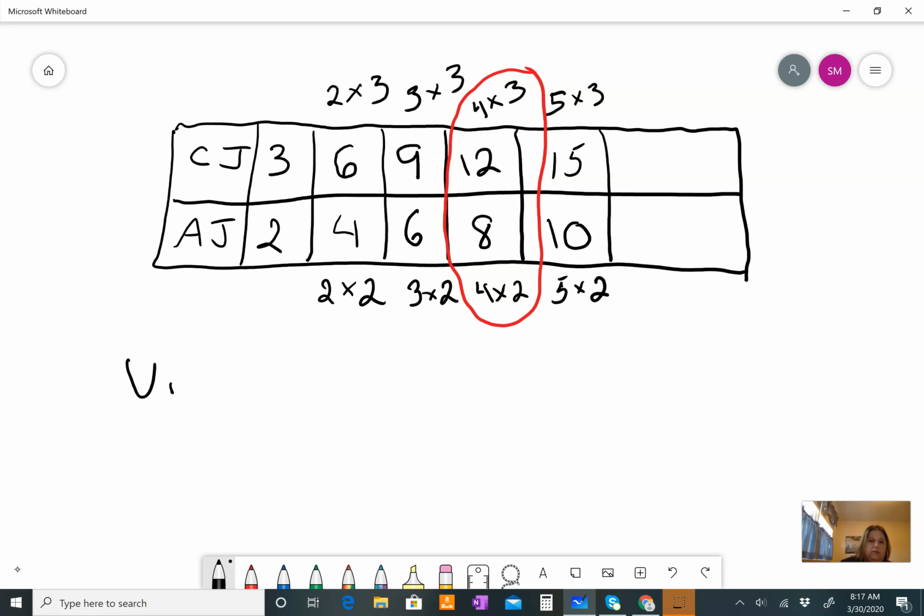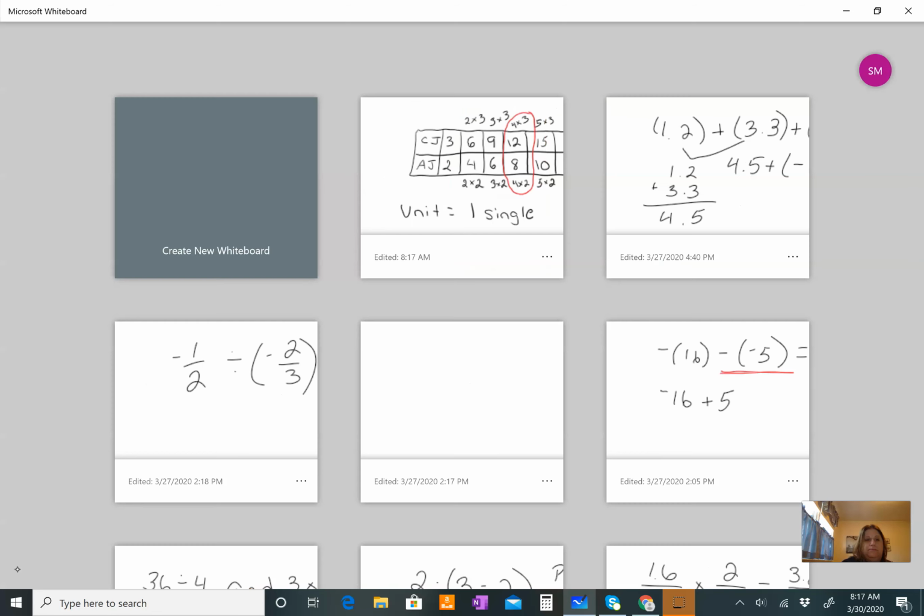A unit means 1 or a single. 1 single, a unit. So that's all we're thinking here. Let's look at the first example that's done for us, and then we'll do 1 or 2 together. So let me get a clean page here.